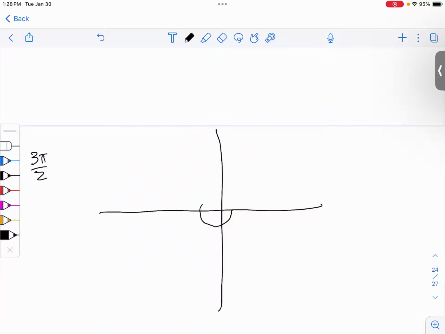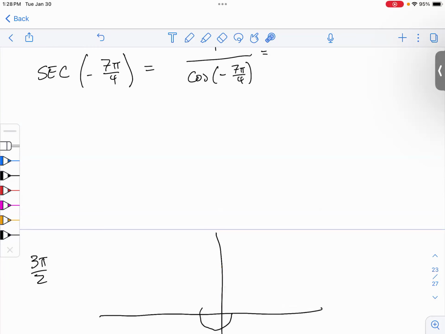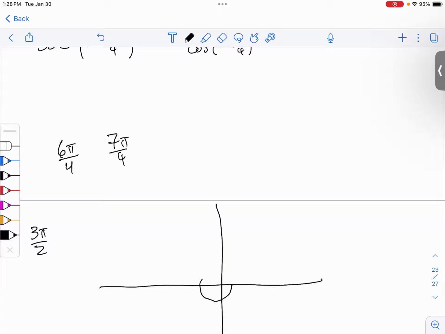So 3 pi over 2 puts me here. And then is 7 pi over 4 or 3 pi over 2 bigger? AKA 6 pi over 4, 7 pi over 4. Which means I'm actually past 3 pi over 2, aka 270.